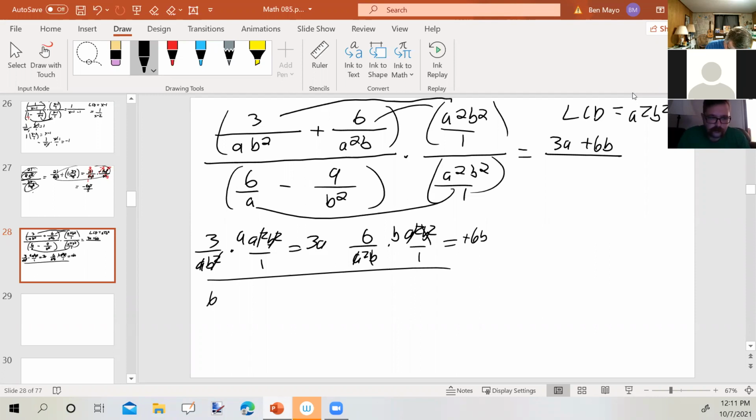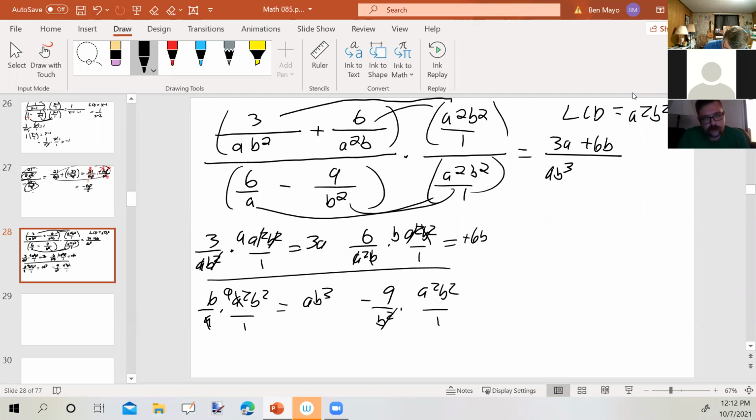Denominator. 6 over a times a squared b squared over 1. A squared over a is a, and we get ab cubed. Minus 9 over b squared times a squared b squared over 1. B squareds go away, and we have minus 9a squared.